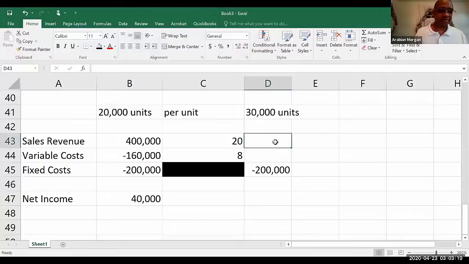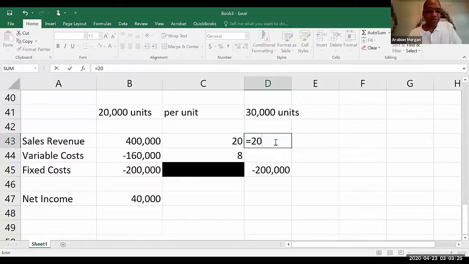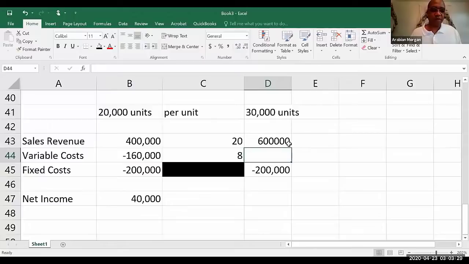So then I could say the sales revenue at 30,000 units should be $20 times 30,000. And the variable cost would be $8 per unit times 30,000. I'll make that negative.